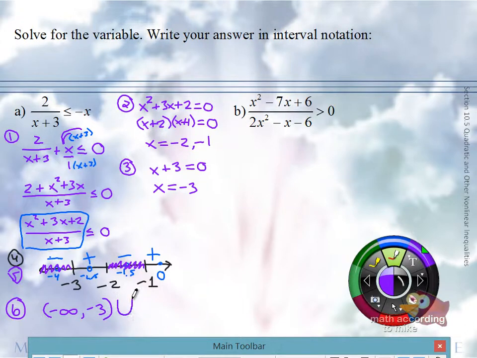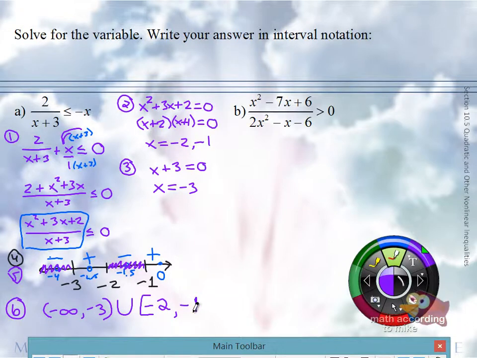Union. Where do we start back up again for this section? Again, once your signs are done, the test numbers do not matter. Negative 2. Do we include the negative 2? Yes. There's an equal sign, and negative 2 came from the numerator. Comma. How far right does it go?